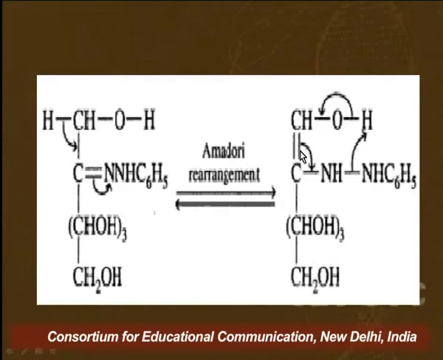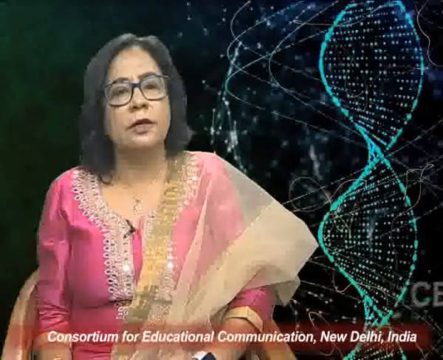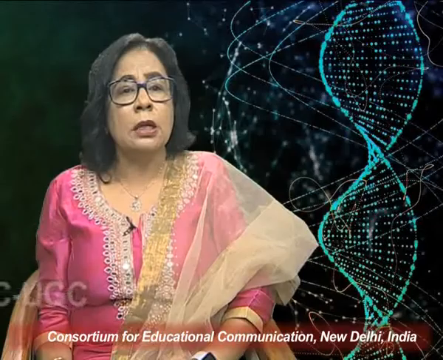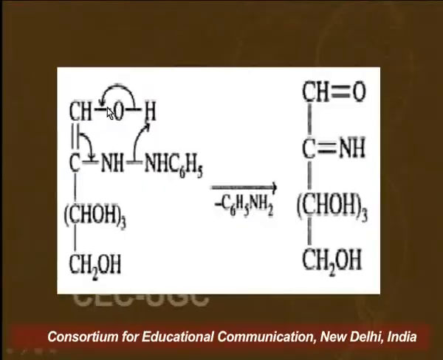In the next step, you will observe that this oxygen is more electronegative, so oxygen will pull the electrons towards itself. The bond between oxygen and hydrogen will become weak, so this will go here as a double bond.